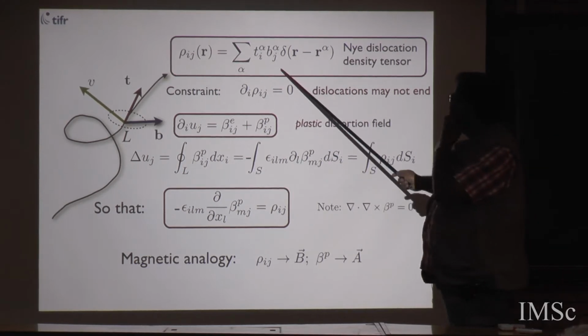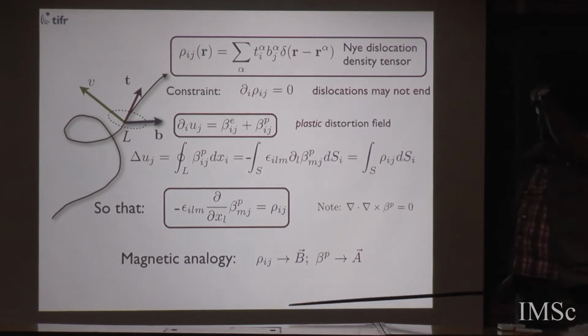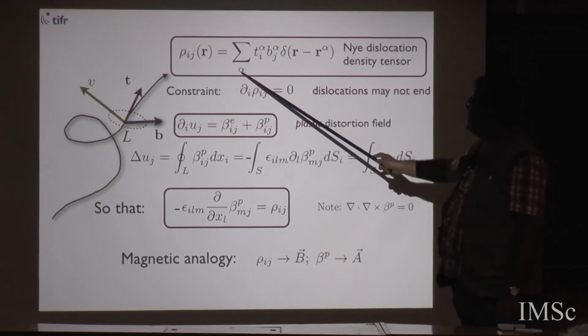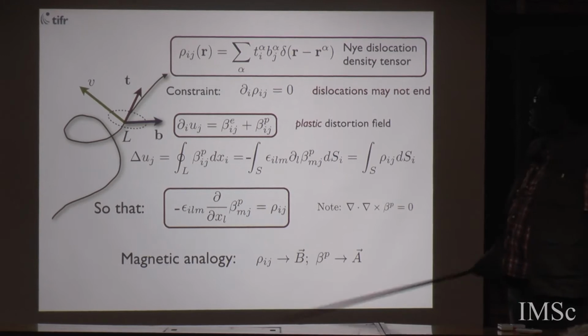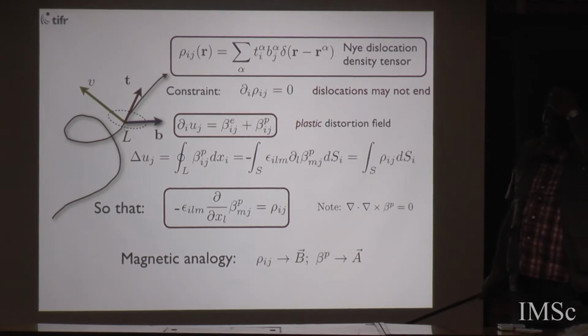So if you have two vectors, you can construct a tensor Ti Bj, and then there are alpha dislocations. Each dislocation is at a different place, r alpha.